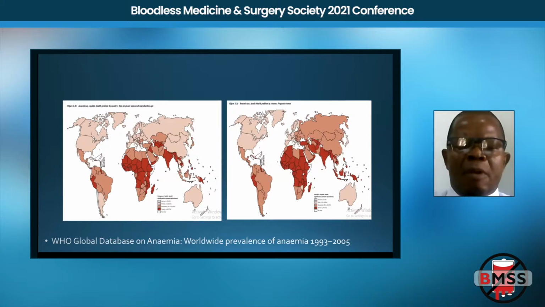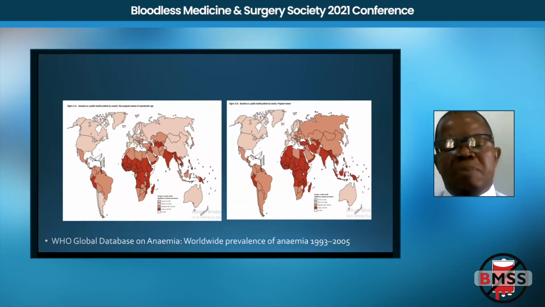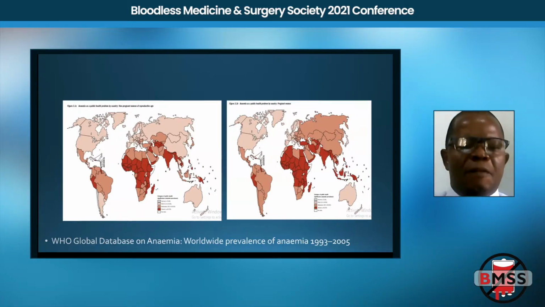If you look at both, you can see that what makes them become anemic, as it were, in quotes, is not the pregnancy, but some nutritional problems, as it were. So a pregnant woman can be deficient of certain nutritional values that could help her to respond to the plasma expansion by making more red cells.